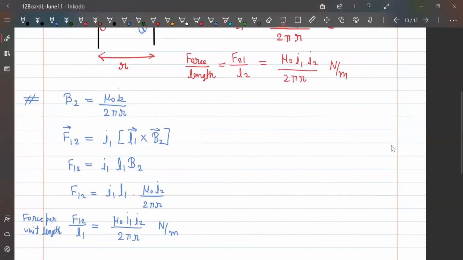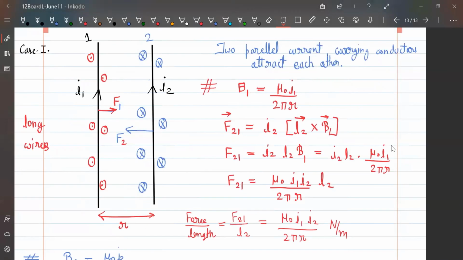Let us note this down. Make sure that while noting down, you're not just copying, you're also understanding each and every step.